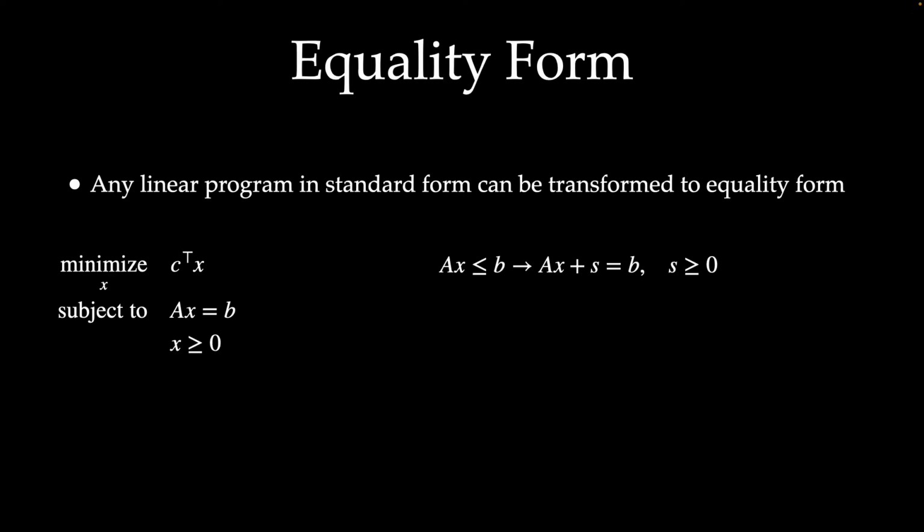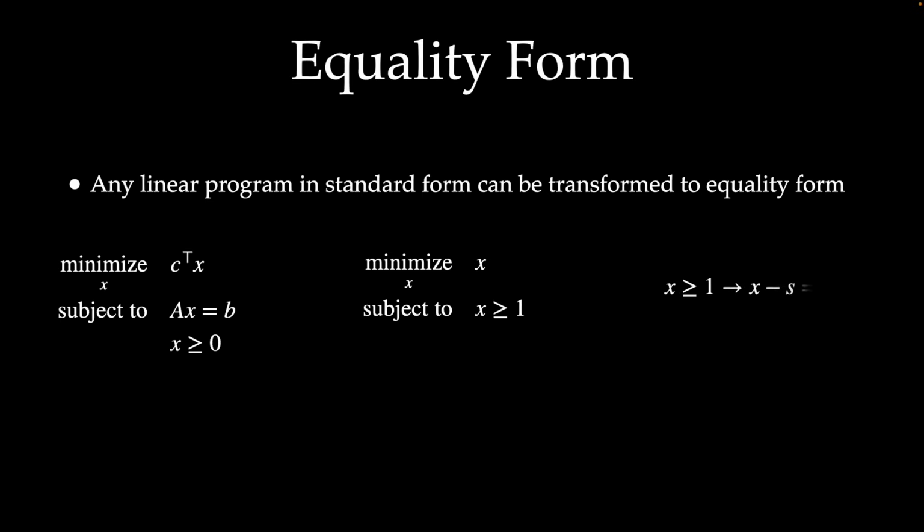Okay, so if we want to see a specific example of this, if we had the problem of minimize x subject to x is greater than or equal to 1. Okay, if we want to convert this into an equality constraint now, what we can do is we're just introducing the slack variable. So we want x to be greater than or equal to 1, so we're going to subtract the slack variable to basically take up the slack on the other side now.